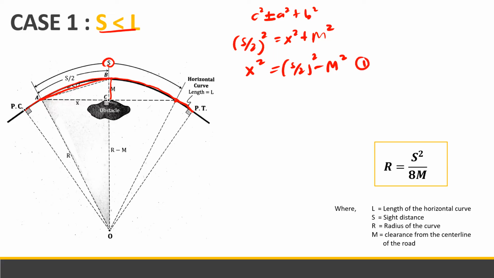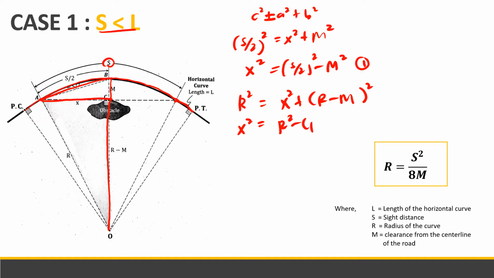So considering triangle ACO, so this is ACO. So R squared is equals to X squared plus R minus M squared. So X squared is equals to R squared minus R minus M squared.